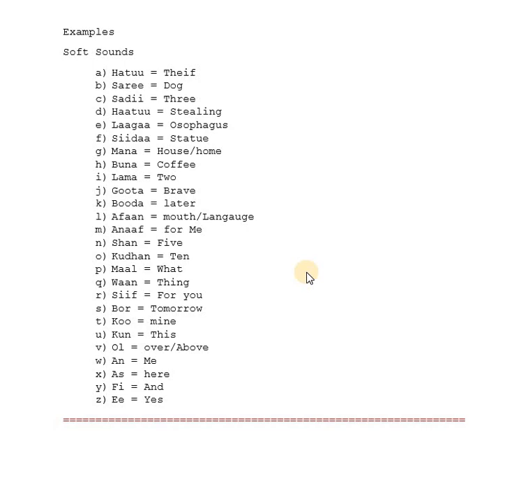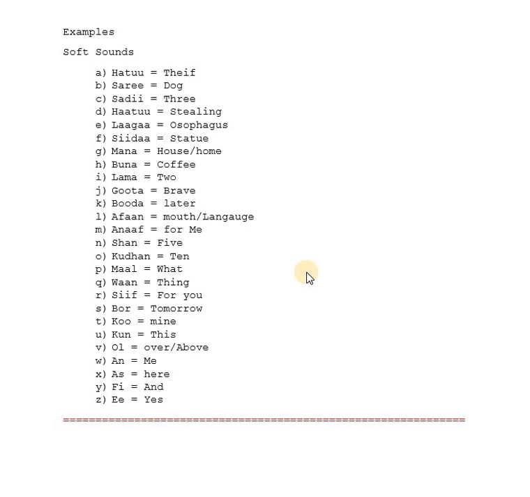Number 4, fira. Number 5, laga. Number 6, oromo. Number 7, demi.